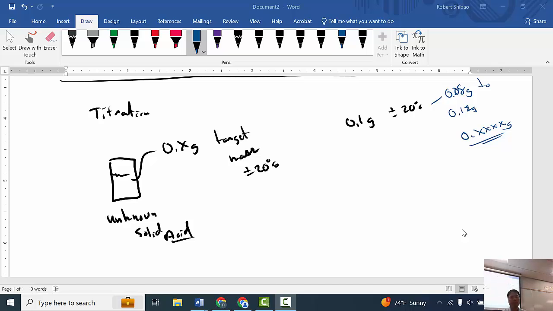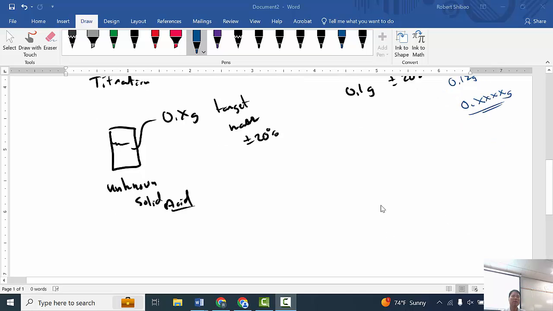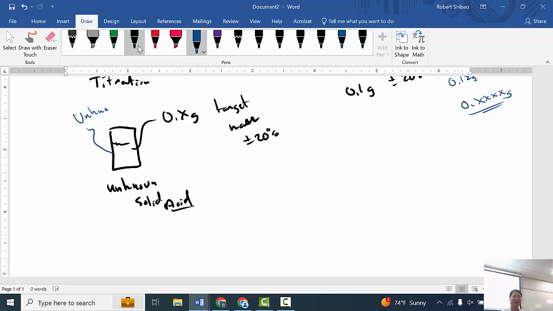All right, so you're going to have the target mass, and then you're going to have an unknown number. Make sure you write your unknown number in your lab notebook. If you don't put an unknown number, I have to take the maximum points off if I don't know.